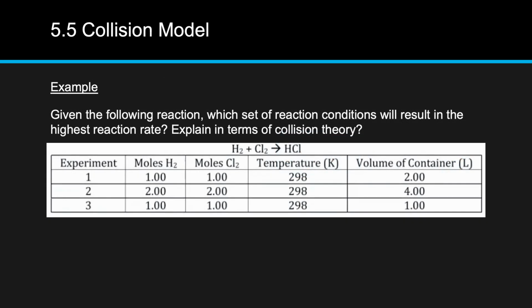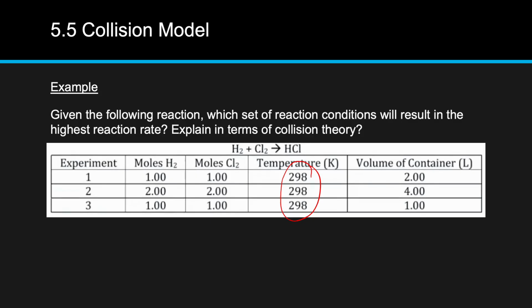Given the following reaction, which set of reaction conditions will result in the highest reaction rate? Explain in terms of collision theory. So the first thing I notice is that all of my temperature values for all three experiments are the same, which means my average kinetic energy of my particles is not changing. They're all the same. So next, I want to look at what I'm given.